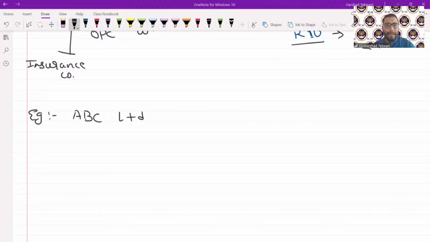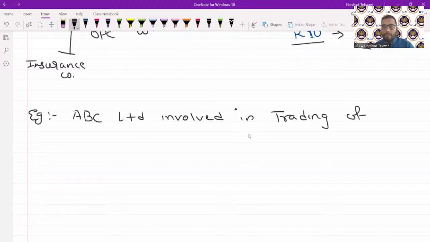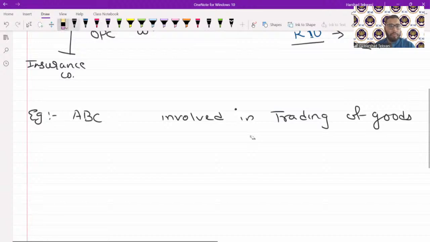Now ABC Limited is a company involved in trading of goods. I'll say ABC Private Limited is involved in trading of goods.